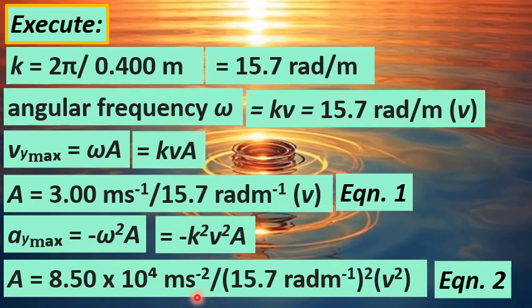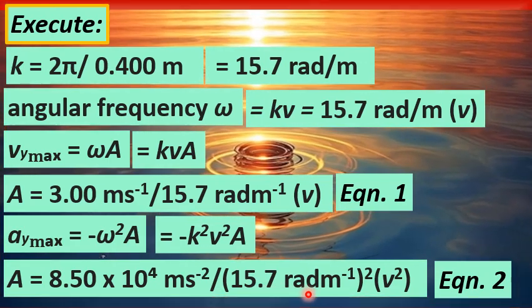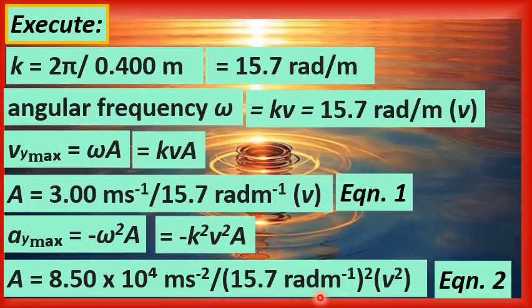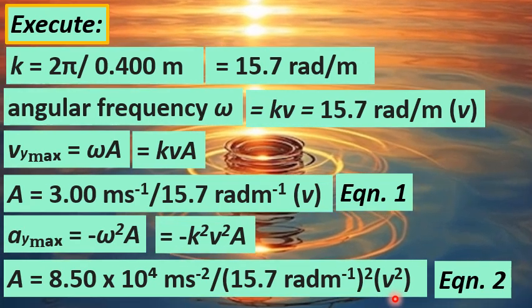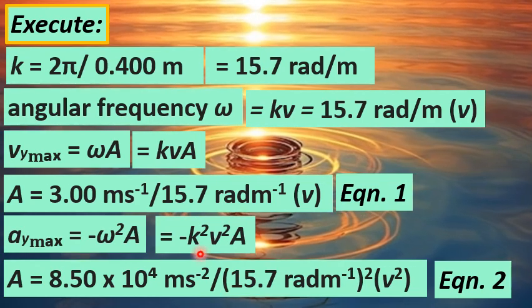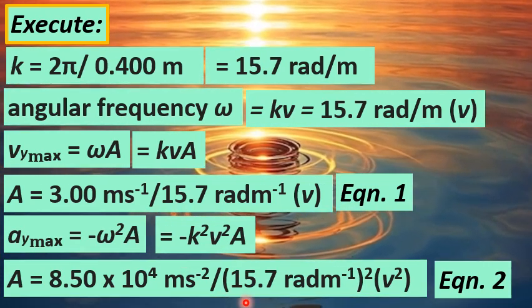And that will be divided by the square of the value of k multiplied by the square of the speed small letter v. Okay, we already discarded the negative sign.